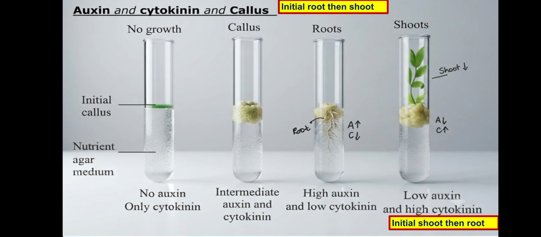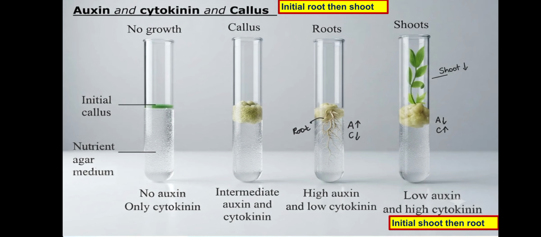And again, if the callus is treated with high cytokinin and low auxin, that is, auxin to cytokinin ratio is smaller than 1, then the shoot is formed, and afterwards the root will be formed. You must remember this.